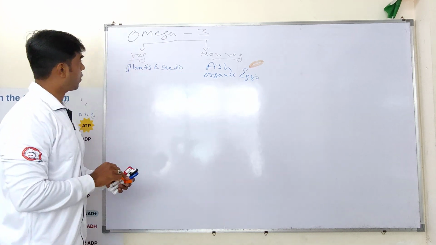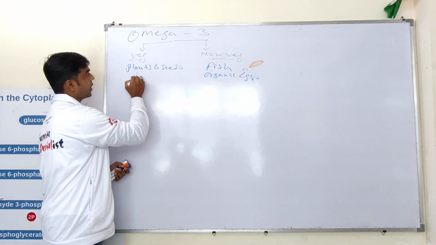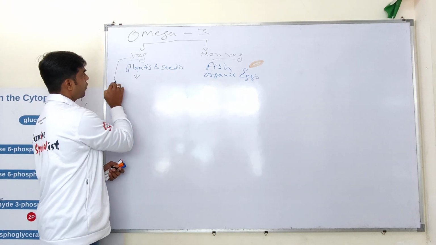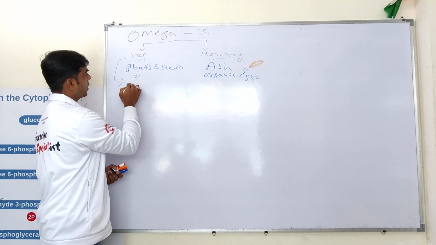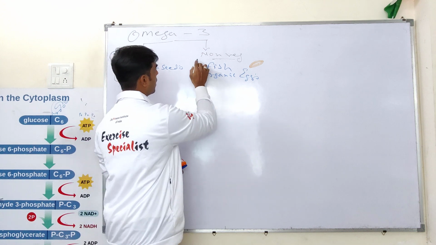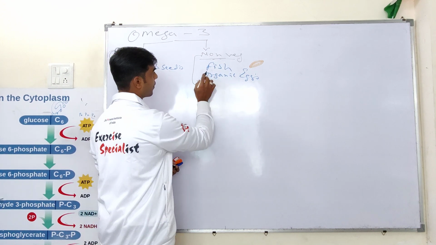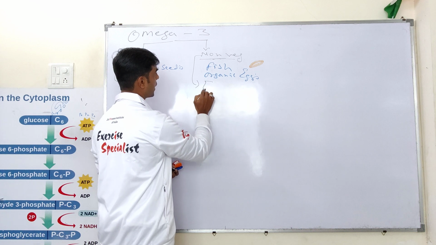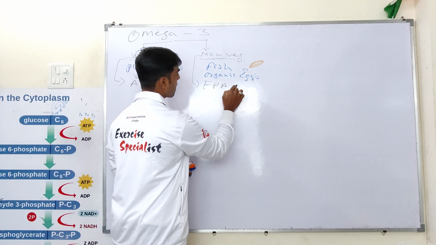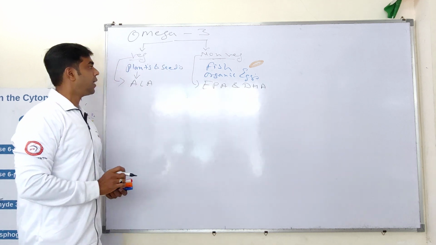Okay, now in what form will it be there in vegetables? It is in the form of ALA, and when you take non-vegetarian food like fish and organic eggs, you are going to get it in the form of EPA and DHA, right?